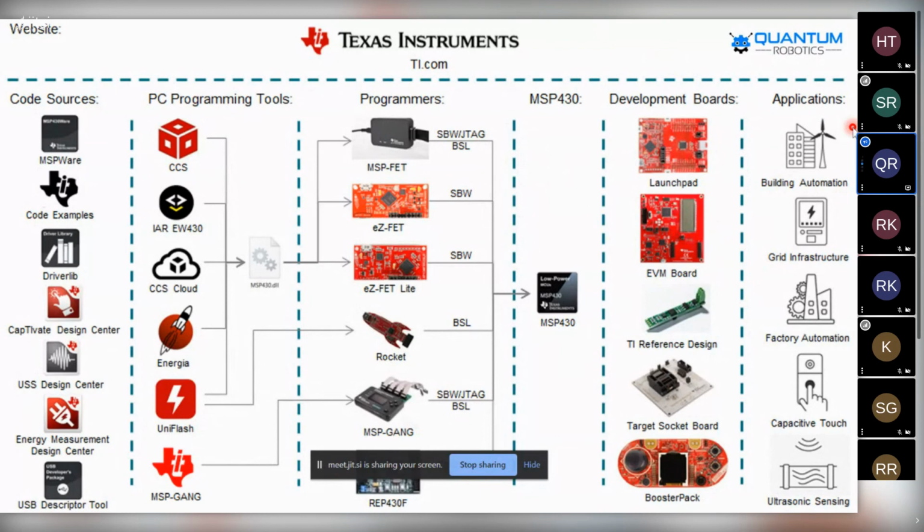In factory automation we can use the MSP 430. For capacitive touch we can use the MSP 430. For ultrasonic sensing we can use the MSP 430. These are all the real-time applications used at factories and as real-time use cases in homes.